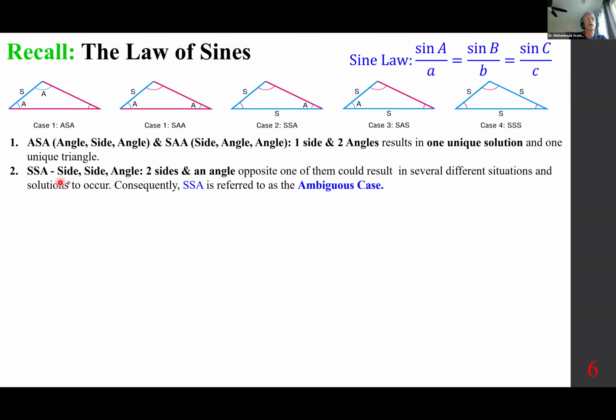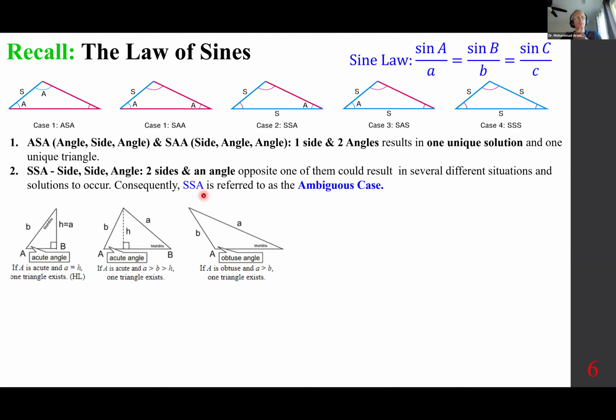SSA, side side angle: 2 sides and an angle opposite one of them could result in several different situations and solutions. Consequently, SSA is referred to as the ambiguous case.